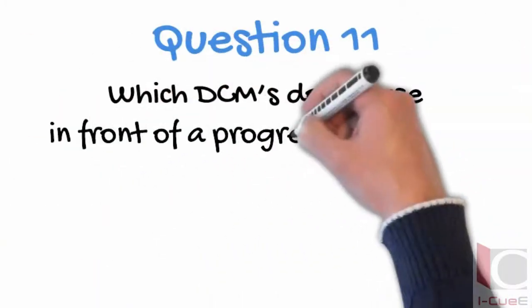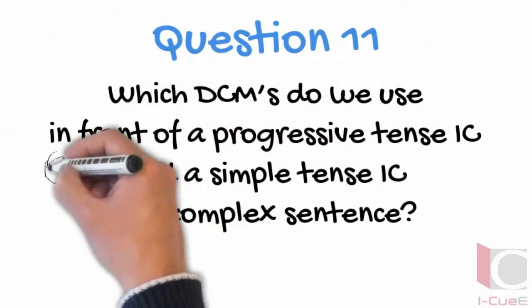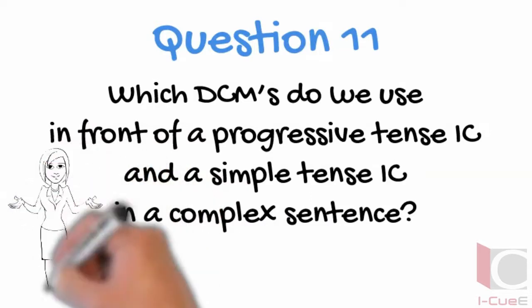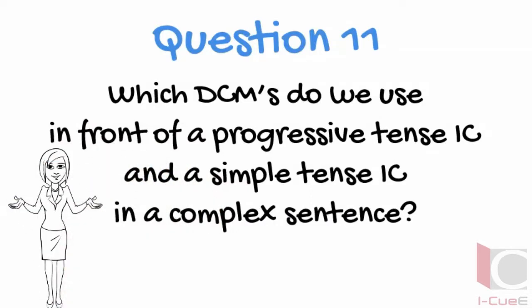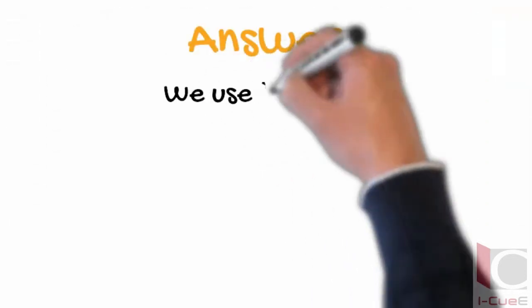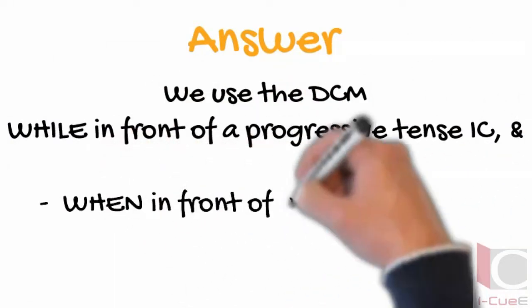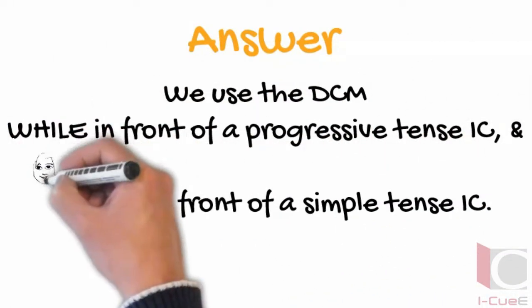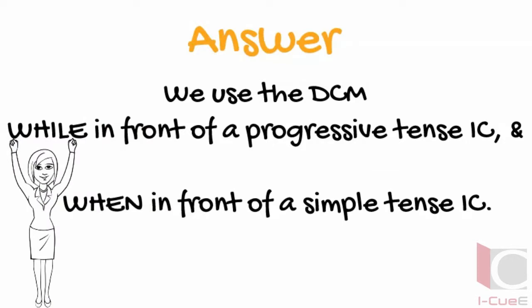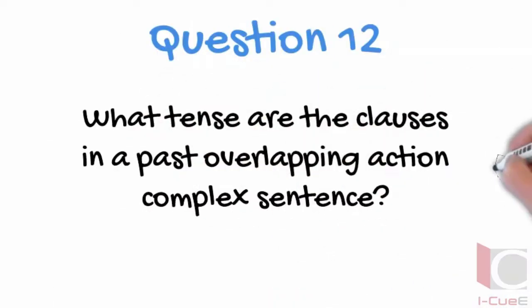Which DCMs do we use in front of a progressive tense IC and a simple tense IC in a complex sentence? We use the DCM while in front of a progressive tense IC and when in front of a simple tense IC. What tense are the clauses in a past overlapping action complex sentence?